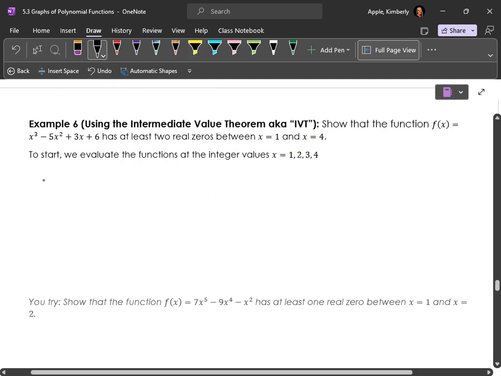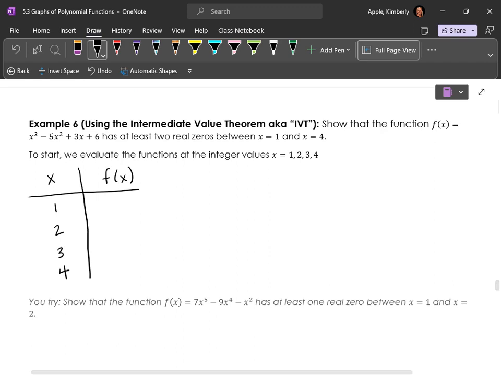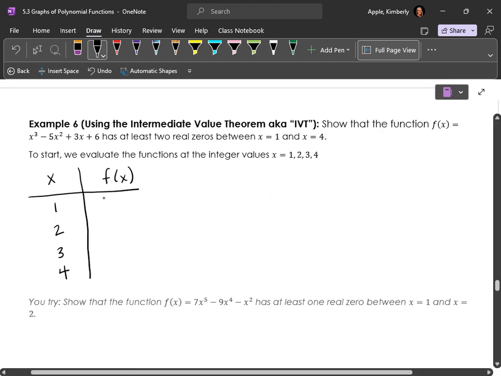So to start, we want to make a table so that we can evaluate the function at all of these integer values between the two values we want to know about. So we want to know between 1 and 4, so that's 1, 2, 3, and 4. And so evaluating the function at those values, we're going to see that this is 5, 0, -3, and 2.